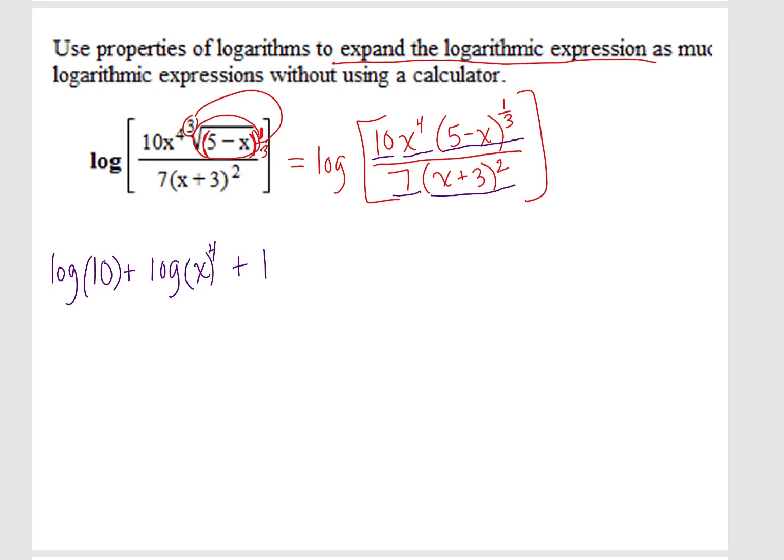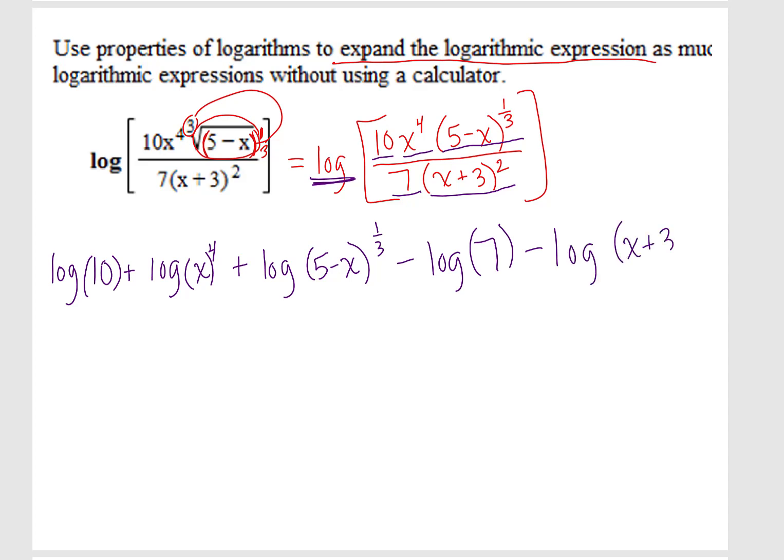Okay, plus common log of 5 minus x to the 1/3. Okay, I hit all of my factors up in the numerator. So now let's go into the denominator. So minus common log. So I'm just using whichever log was here, right? 7 minus log of x plus 3 squared.